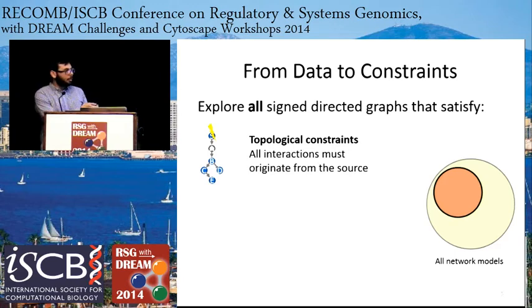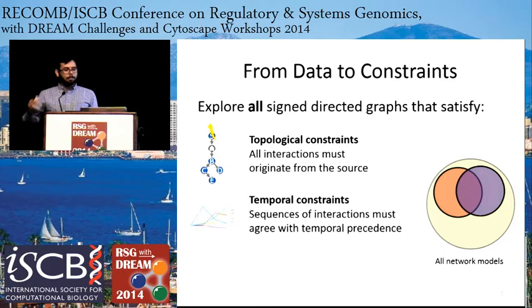This restricts the space of models to some subset. And we add temporal constraints saying that the sequence of interactions that we infer in our models must agree with some temporal precedence information that we extract from the data. So now we'll be considering only the intersection of these spaces of models as our valid models.